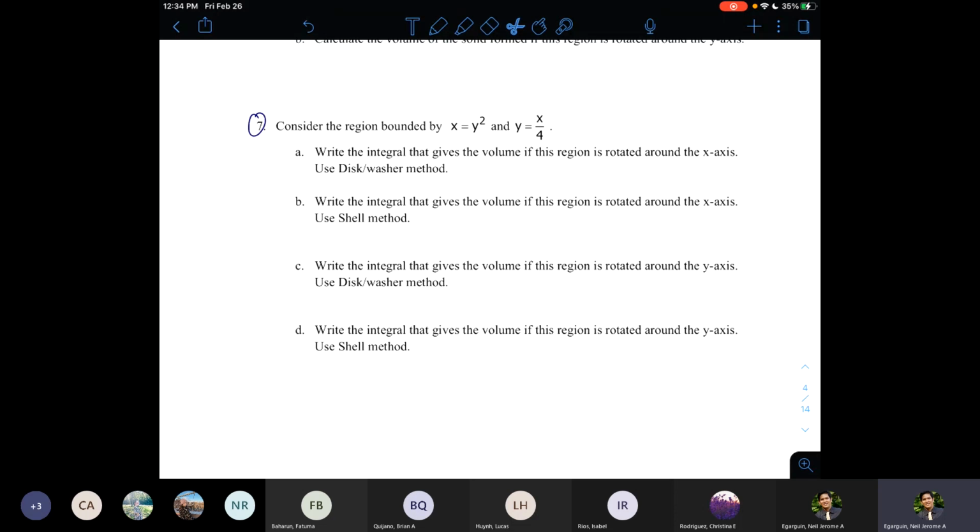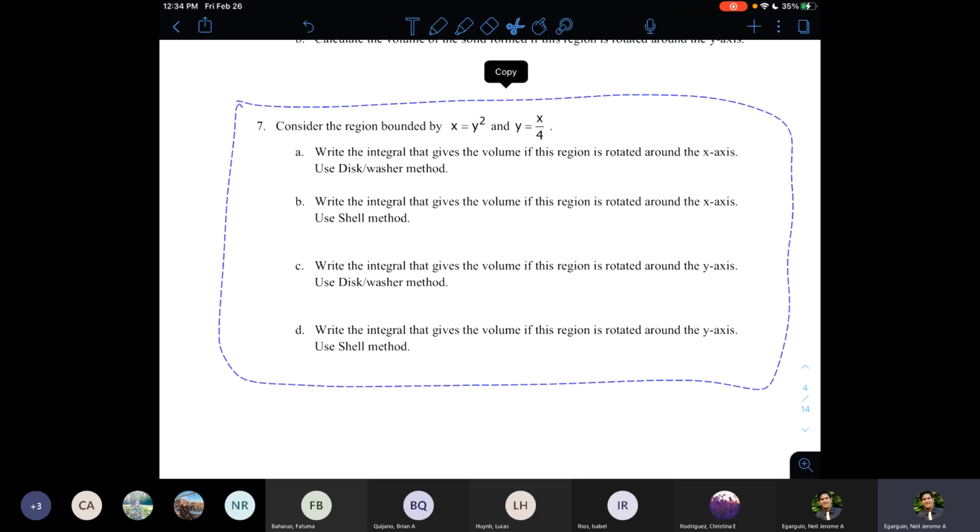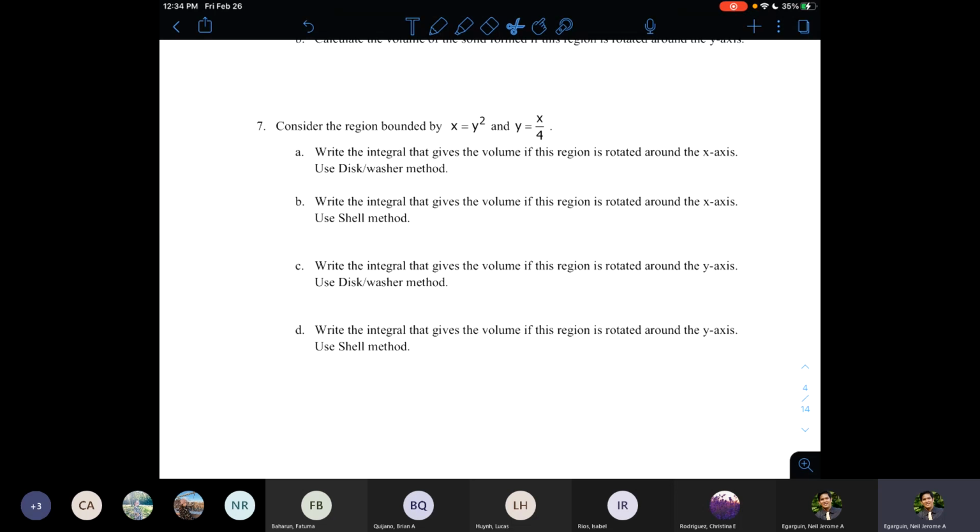I have here this problem number 7. I encircled it, though the functions don't seem very complicated. But I guess the important thing is for you guys to be proficient in applying the process, because everything will just fall into place if you know exactly what to do. It doesn't matter how complicated the functions are, if you know the process, then it should be okay. And then we'll just play about with the axis of revolution.